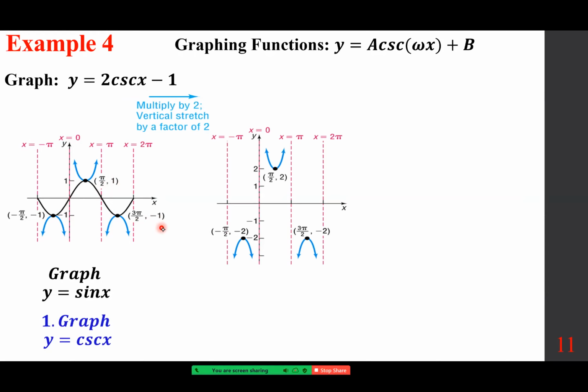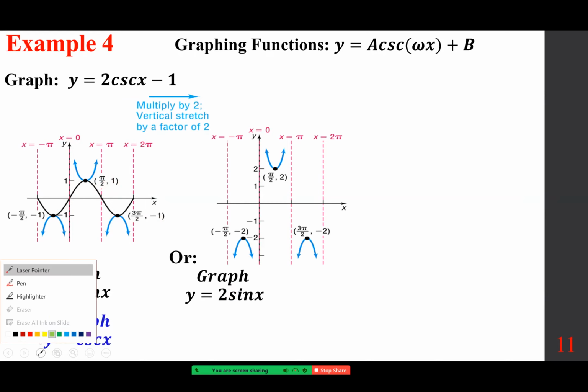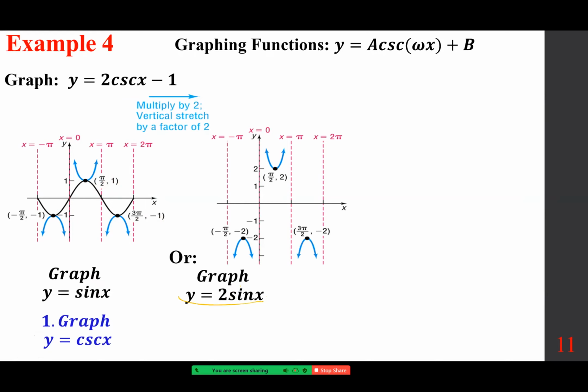Or I can graph 2 sine x. Again, this is one complete cycle.